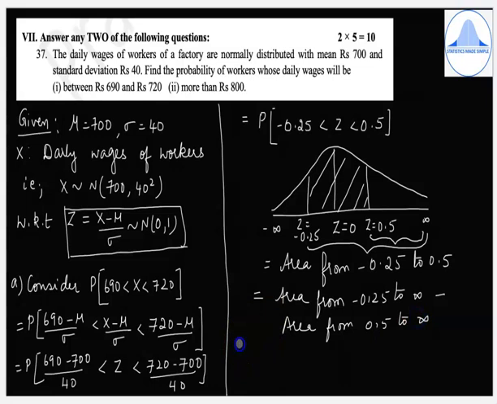So therefore, probability of 690 less than X less than 720 is equal to 0.5989 minus 0.3085, and the answer for the first subdivision is 0.2902.